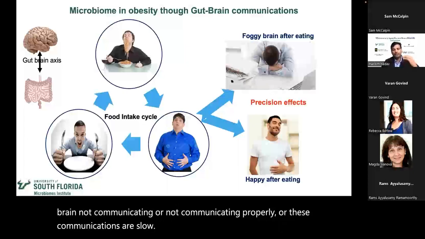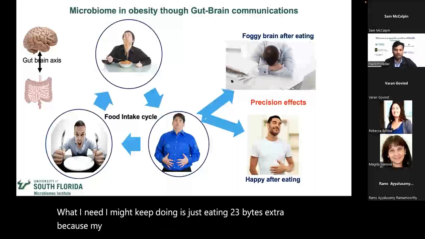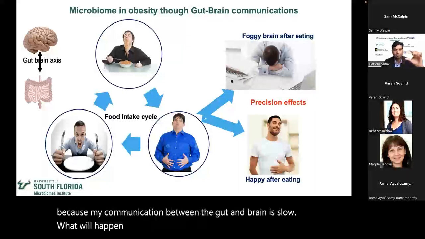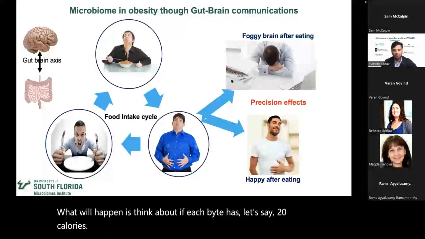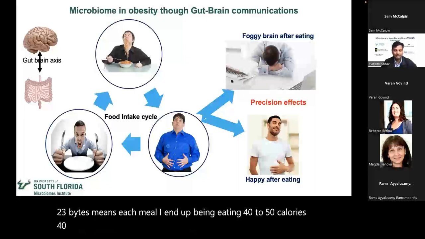What I might keep doing is eating 2-3 extra bites because the communication between the gut and brain is slow. Think about if each bite has, let's say, 20 calories. 2-3 bites means each meal I end up eating 40 to 60 calories, right?